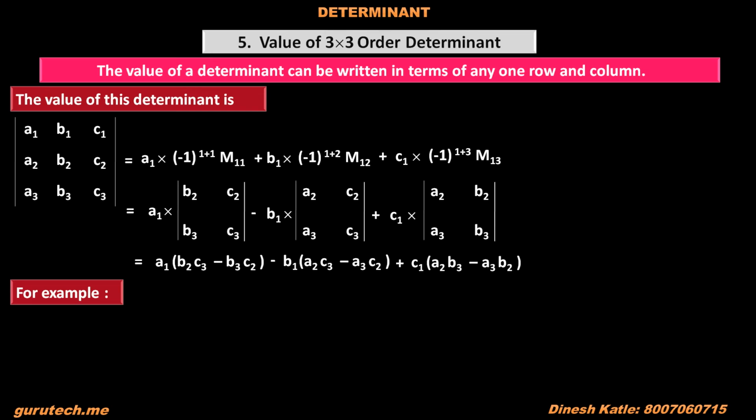For example, one determinant is given with elements 2, 5, 7, 3, 2, 8, 6, 4, 1.